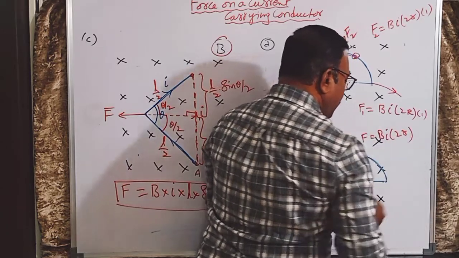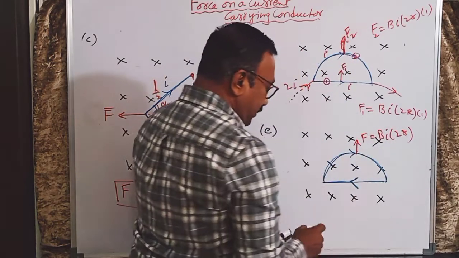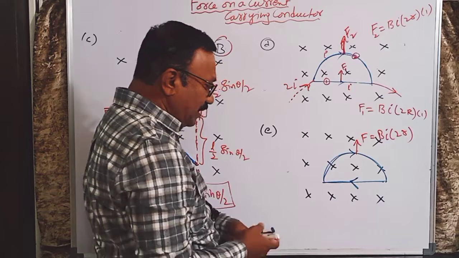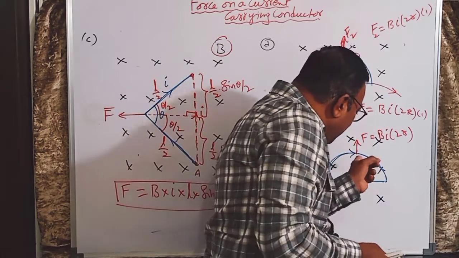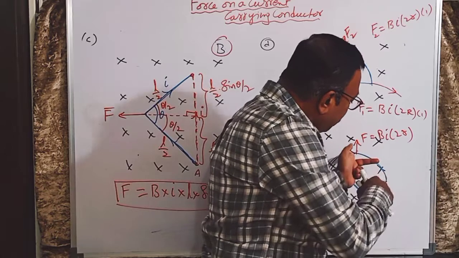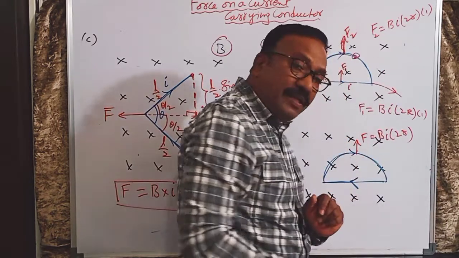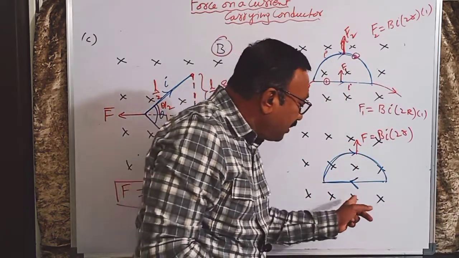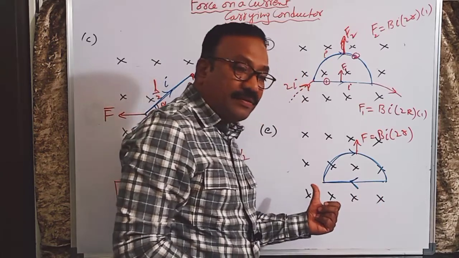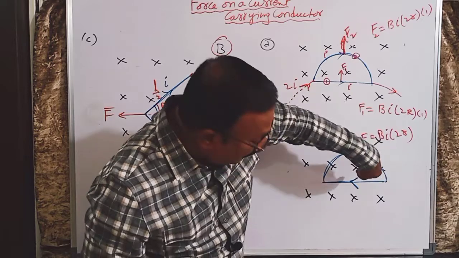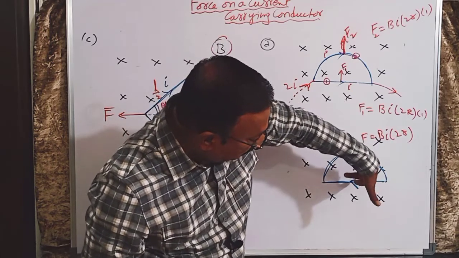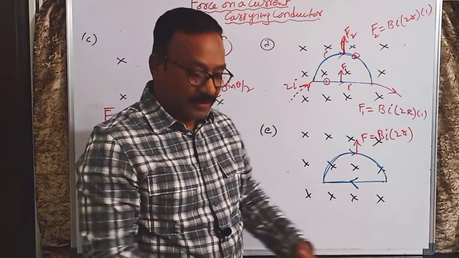R is the radius. Now I will apply Fleming's left hand rule for this one. Already for this one I applied: magnetic field is inward, current is towards right, force is upwards. But what about this? Magnetic field is inward, but the current is reversed. So the force is acting downwards.